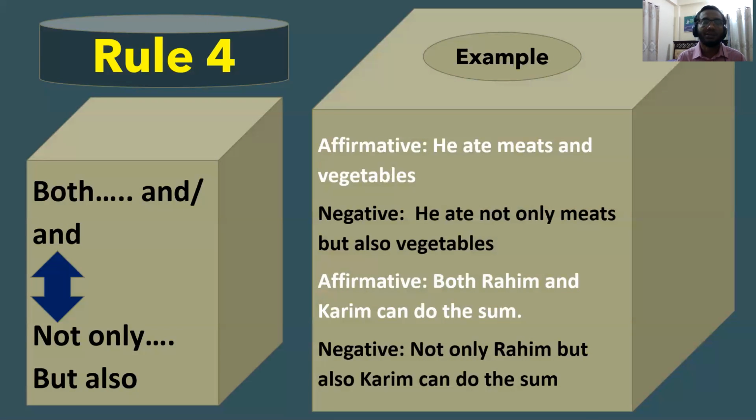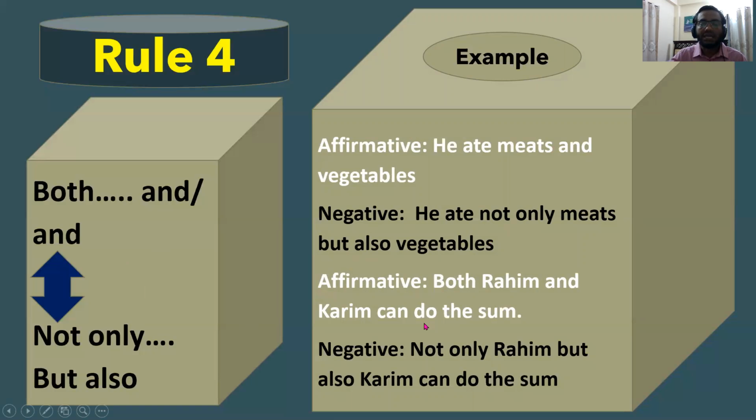Okay, fine. Look at the example. Affirmative: He ate meats and vegetables. Negative: He ate not only meats but also vegetables. In an affirmative sentence, you can also say there only "and," and "not only but also." Again, "both and."